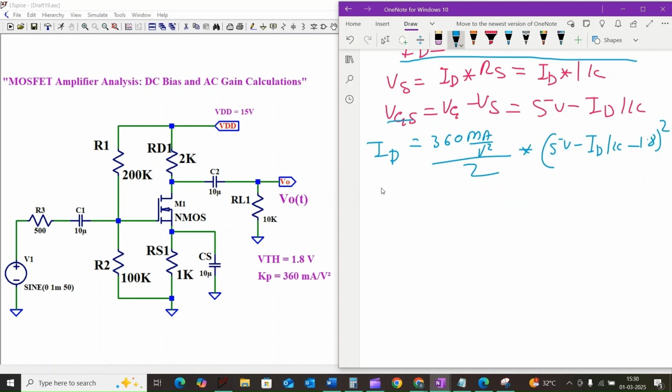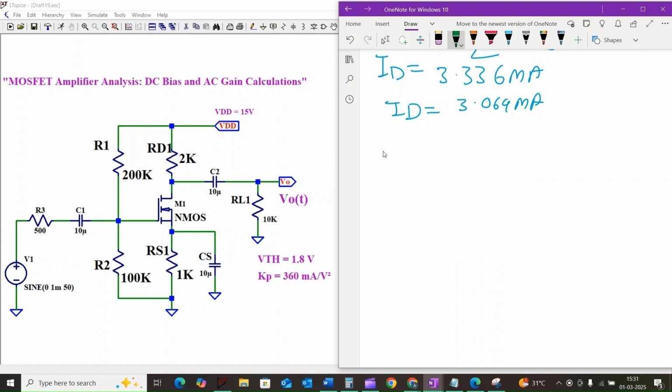If you simplify this by applying the quadratic equation, we get two values of the drain current: ID is equal to 3.336 milliamps and another value ID is equal to 3.069 milliamps.